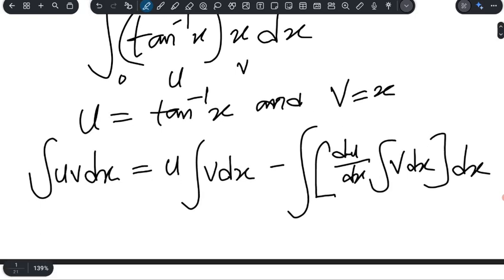So this is just the general formula for integration by parts.